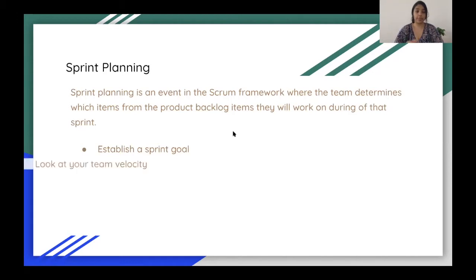Now, we also look in the sprint planning at a team's velocity. Now, what is a velocity? It is nothing but the capacity of the entire team in terms of how many tasks they can complete in this 2-week sprint, right? And this velocity is determined by story points.